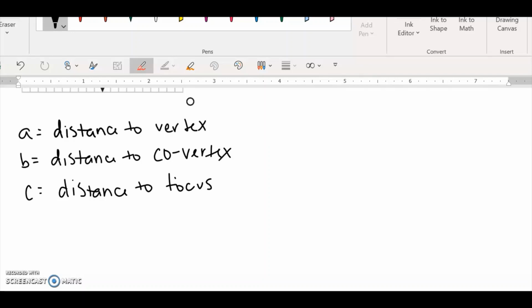Okay, so A is the distance to the vertex, B is the distance to the co-vertex, and C is the distance to the focus. And this equation pulls them all together.